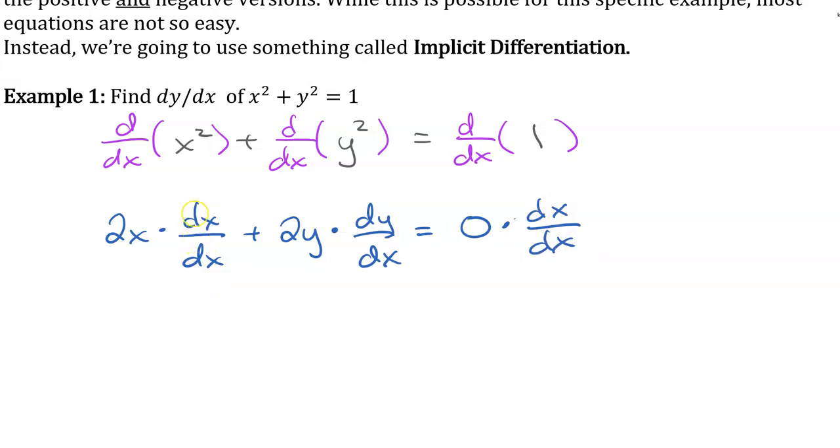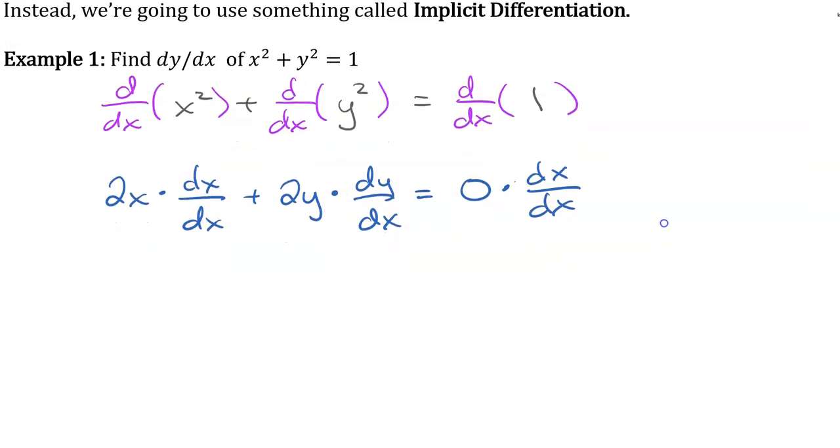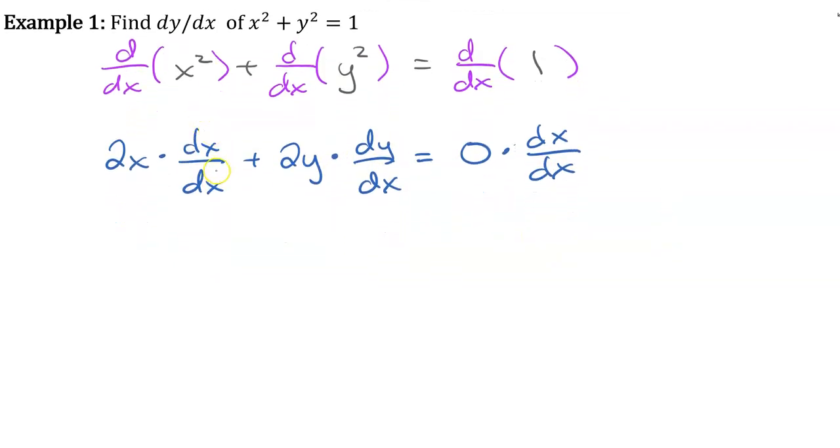So you would get the d dx of every variable every time. This is significant because d dx over dx would just cancel. It goes to 1. So that's fine and dandy. But the dy dx would not. It stays.